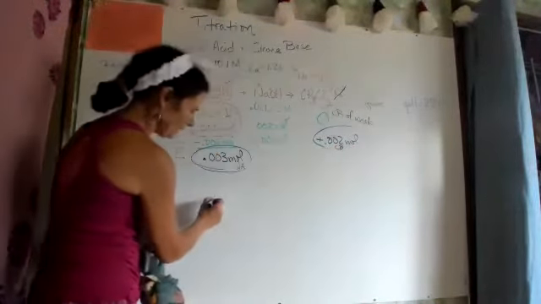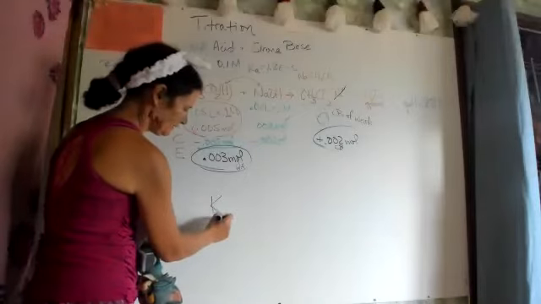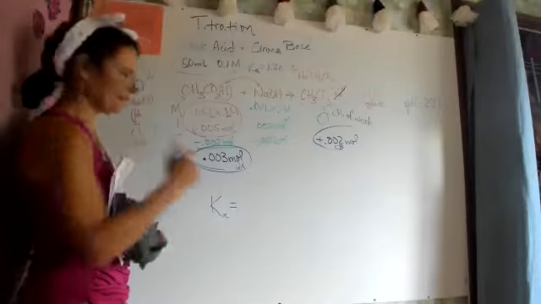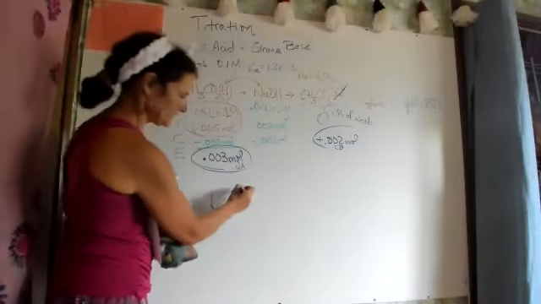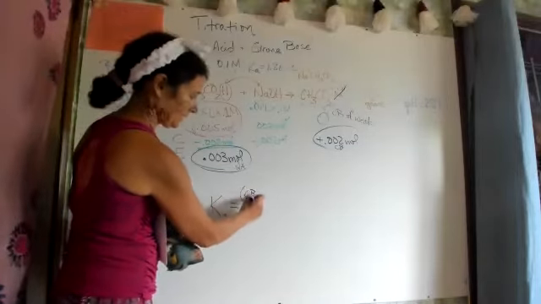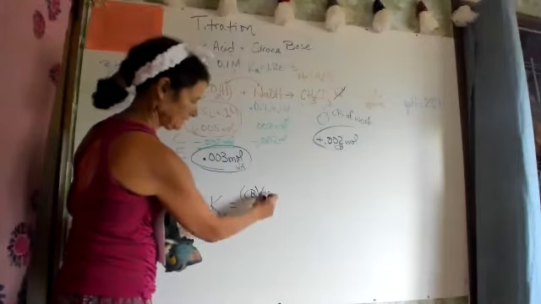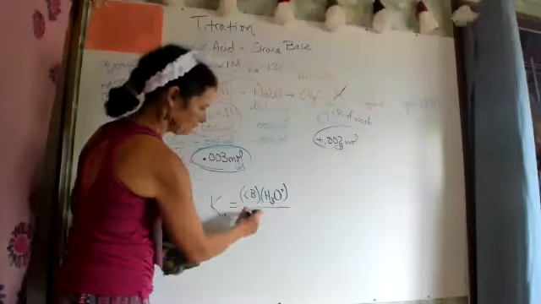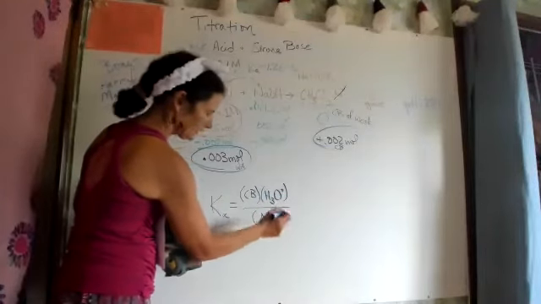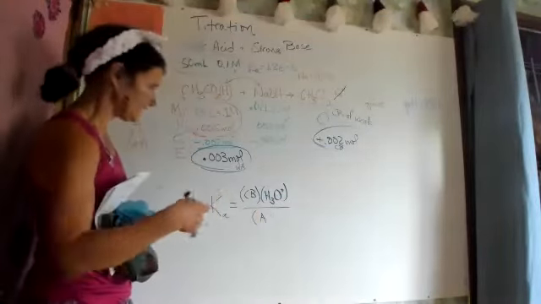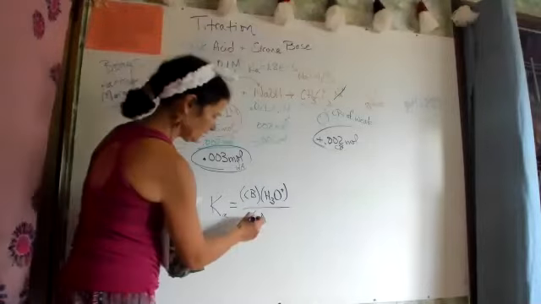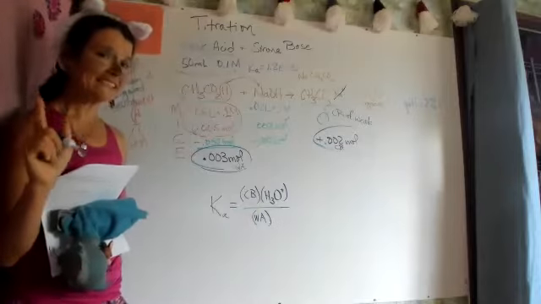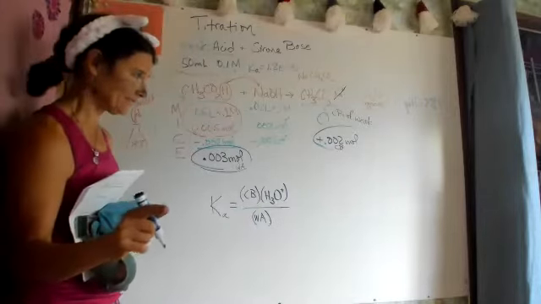Your Ka formula, you guys know it. Take a moment, write down your Ka formula, which is conjugate base times hydronium over the acid. You can either say A, you can say Wa, you can say acid. This is not an X squared.